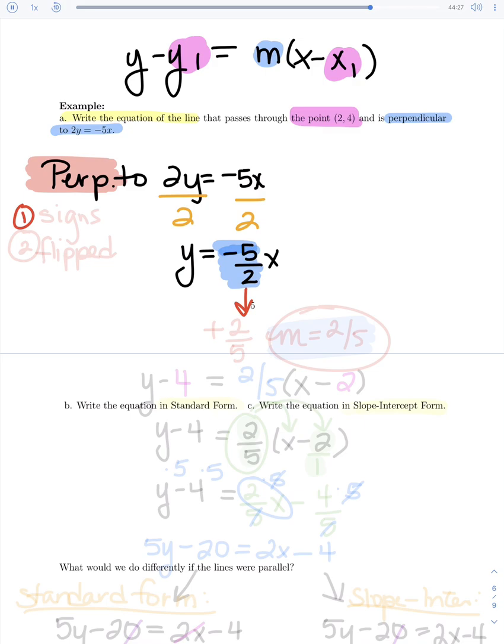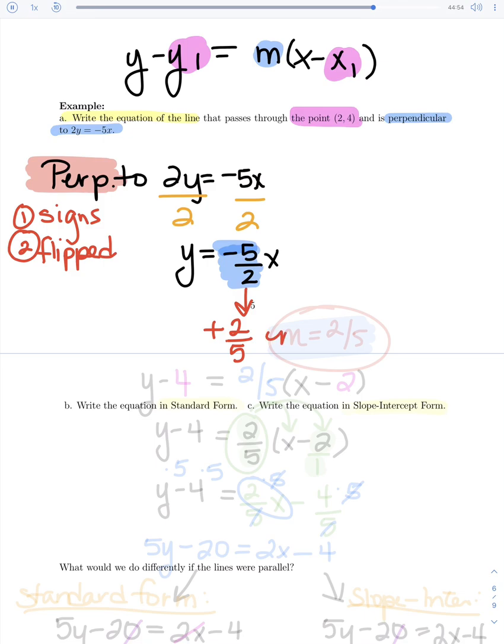One, they switched signs, and they flipped upside down. So if this slope is negative, I'm going to switch the sign and it will become a positive. But it also needs to be flipped upside down. So 5 over 2 will flip and become 2/5. So the slope I want is a positive 2/5.